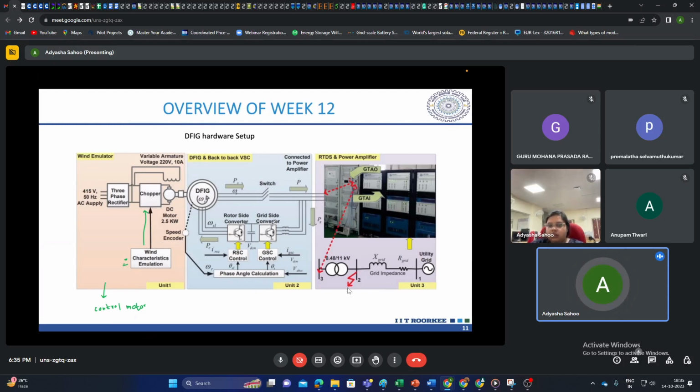Then next we saw the demonstration of ancillary support from the virtual synchronous generator.